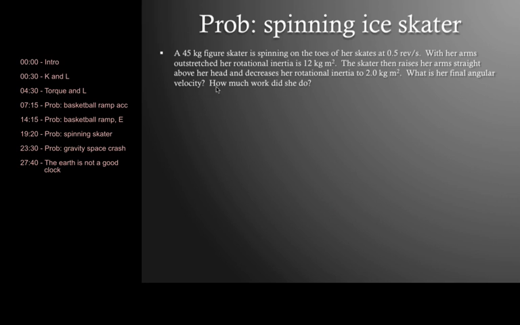All right, so let's consider an example where momentum conservation makes our life easier. So here we have a figure skater spinning on her skates, and she's twirling around at 0.5 revolutions per second. So this omega is 0.5 revolutions per second, and we may want to convert this into radians per second.